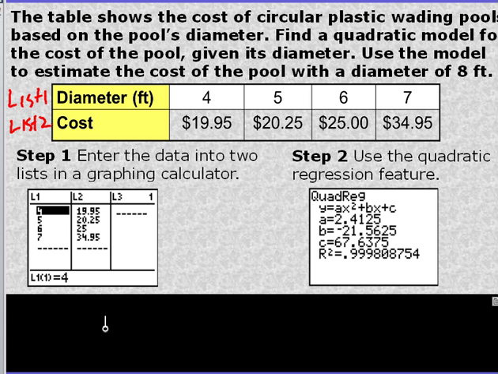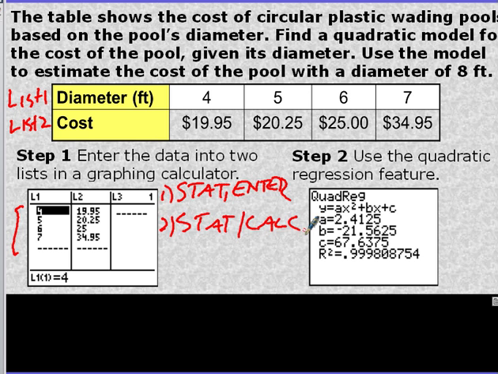So here I show, remember you just press the stat button and enter, and you're going to be able to edit your lists. So here's my data. So this is step 1. Step 2, you hit the stat calc button and then select the quadratic or quadreg option.